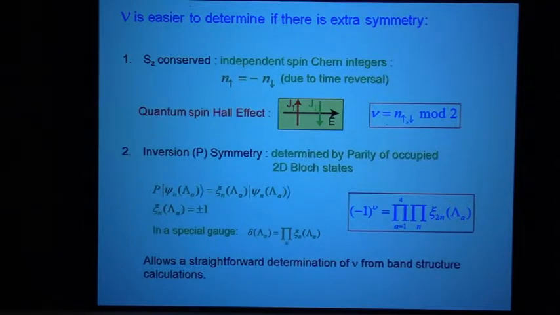Okay. So for instance, if you have the conservation of Sz, like I did in the model, which was just 2 copies of the Haldane model, the Hamiltonian only involved Sz, so Sz commuted with the Hamiltonian, which means I really could think of it as 2 independent quantum Hall states for the up and down spin. Then the up and down spins each have their own Chern number.